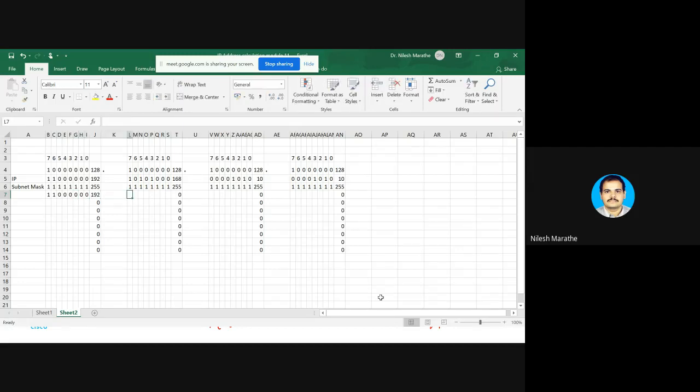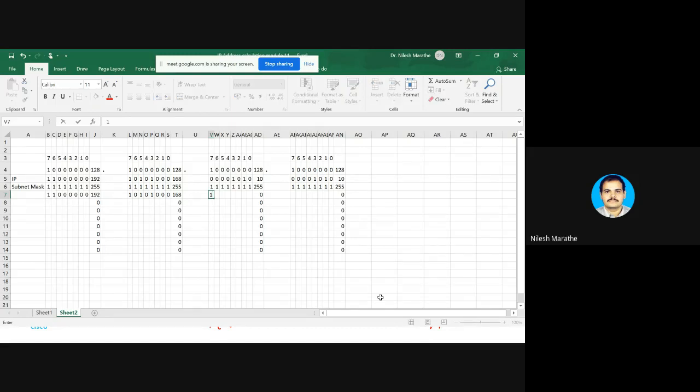That is 192. Then here again 168. So 1 1, here it is 0, here it is 1, then again a 0, again 1, 0 0 0. Then again all ones are there.